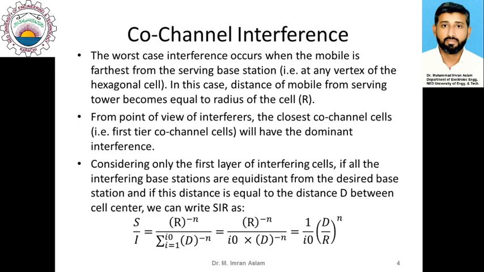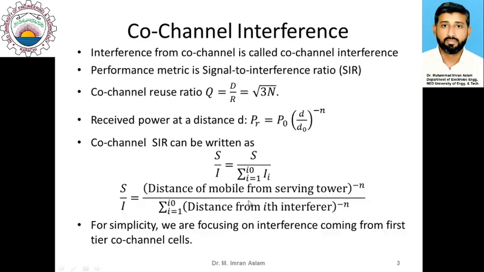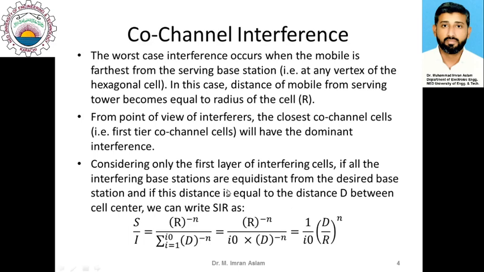So for simplifying our calculation, we can assume that all the distances from the ith interferer are exactly the same and they are equal to d.